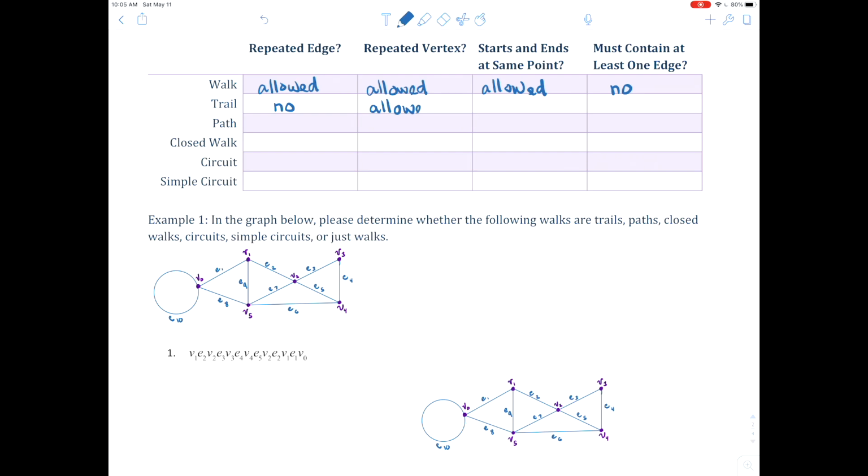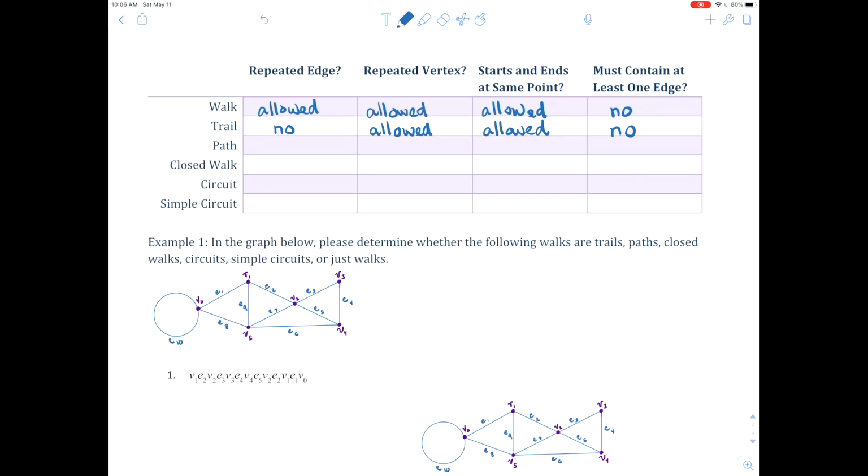So it can start and it could end at the same point. And if it's a trail that is a simple walk, right, then it wouldn't have an edge. So it doesn't have to have at least one edge.